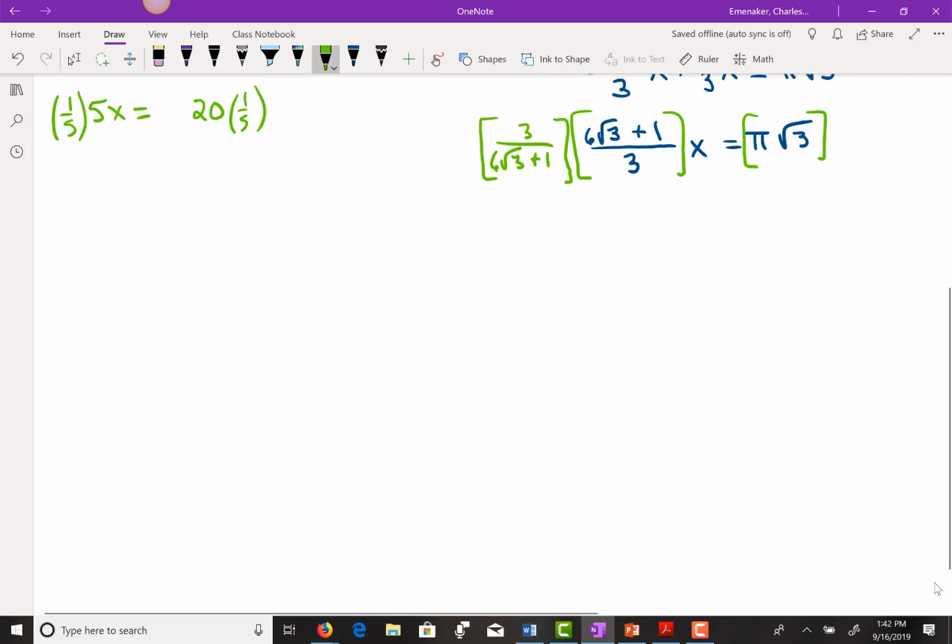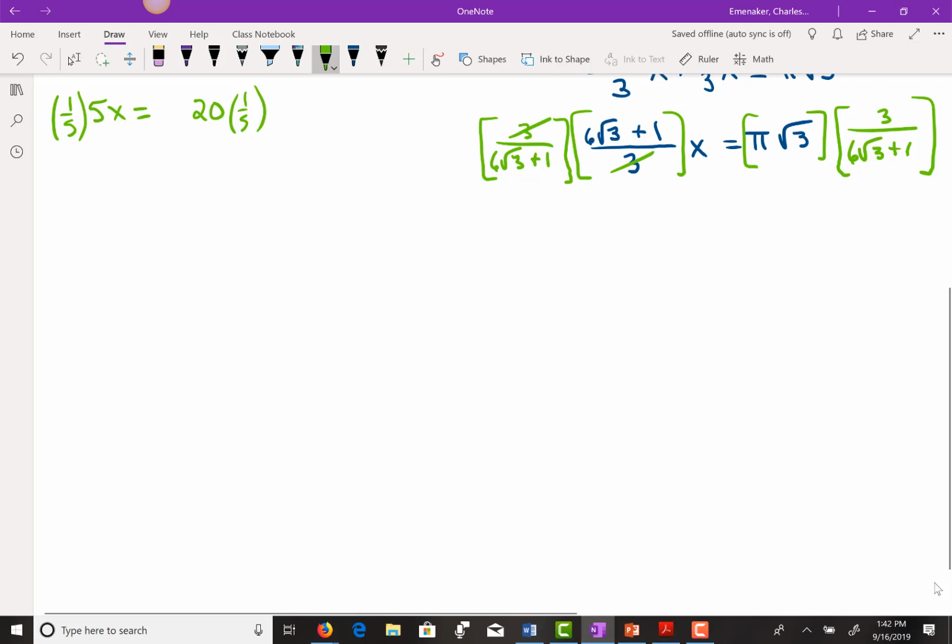So what we're going to do here is we're going to have our 3 over 6 square root of 3 plus 1. Everybody with me? Now the cool thing is, on the left, the 3 in the numerator and the 3 in the denominator cancel.